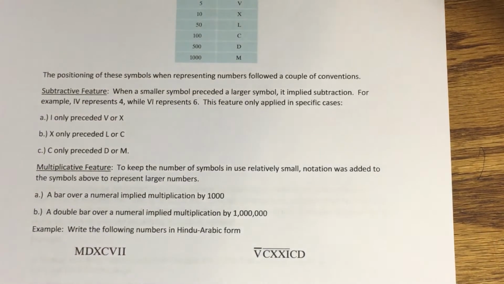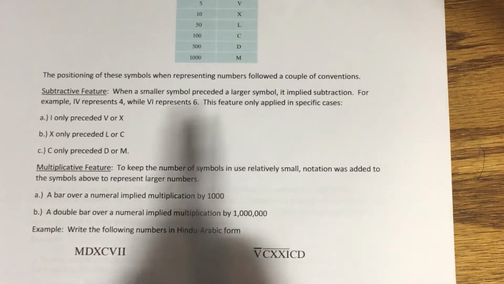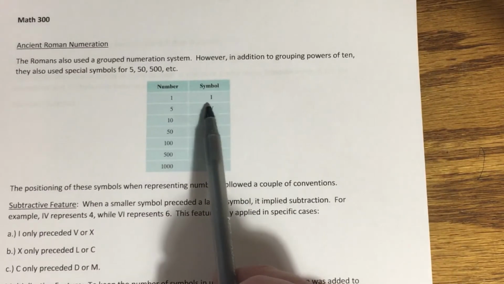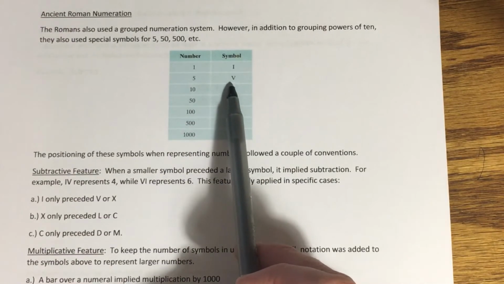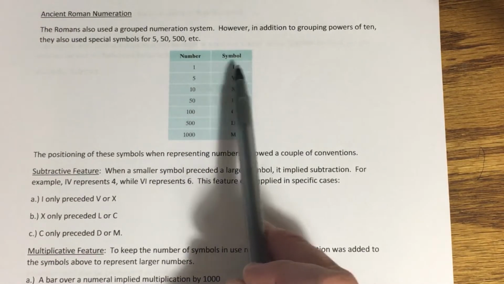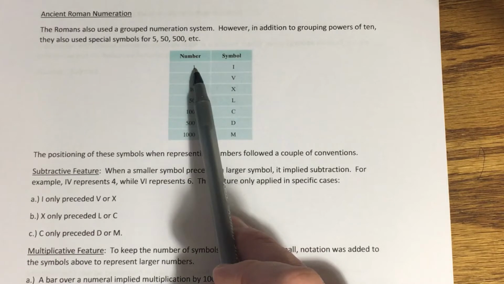If you ever see that happening in reverse order, a place value that's smaller appearing to the left of a place value that's larger, that means that we do subtraction there. So here's an example. Looking at our chart, this capital V represents 5, this capital I represents 1.